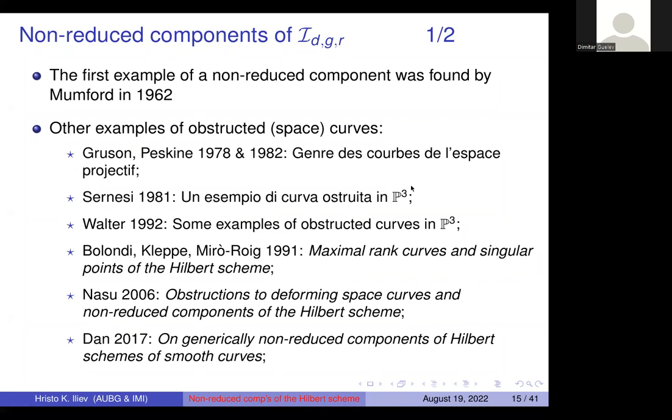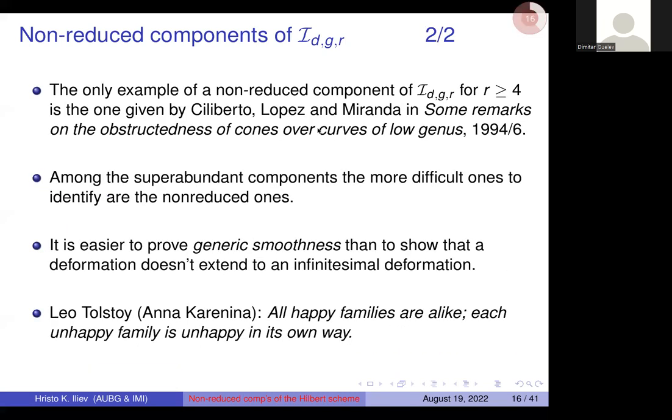All of those examples that I mentioned here concern the case R equals 3, or as I said, space curves. In fact, the only example that exists to our knowledge of non-reduced components of I_{D,G,R} in the case R greater or equal than 4 is the one given by Ciliberto, Lopez, and Miranda in a paper from 1994.